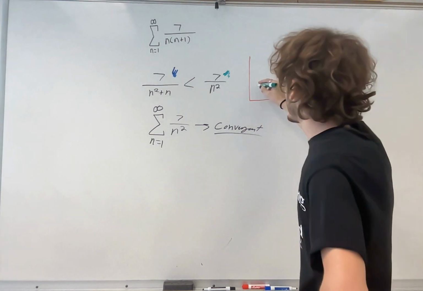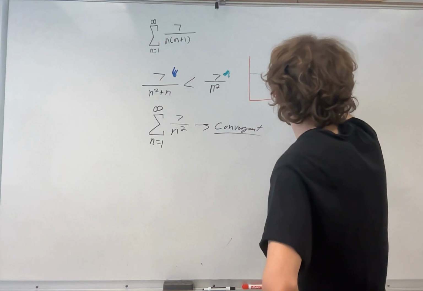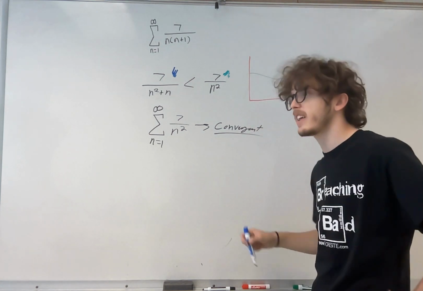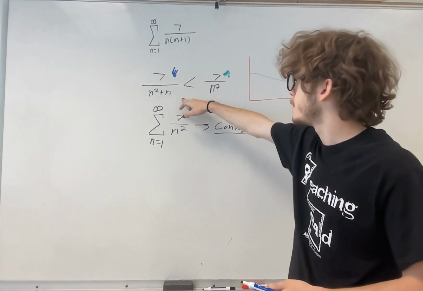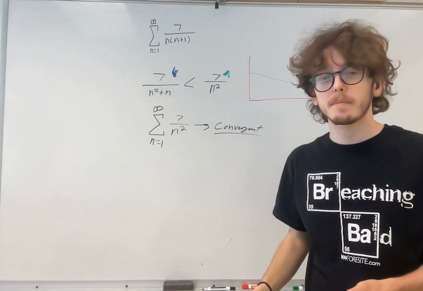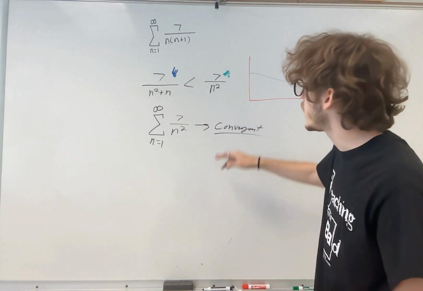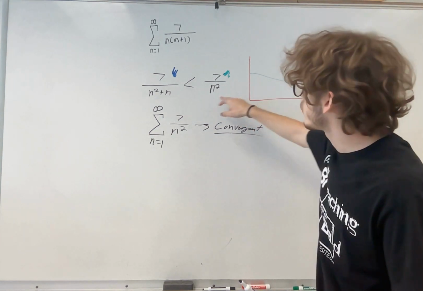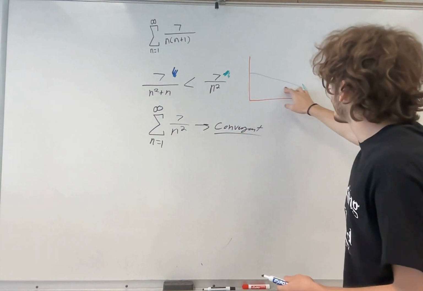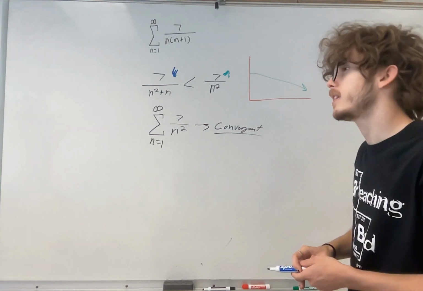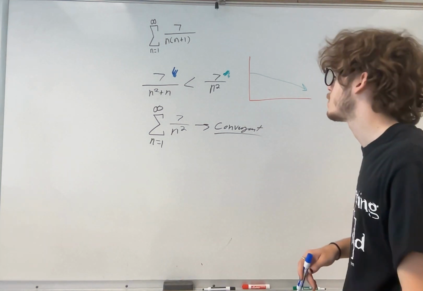Well, this one's greater, and it's going to converge to a point. Think about it kind of like a function. It's going to converge. But all the values here, I don't care what the graph looks like, by the way. I'm just trying to make a point. This graph is always greater than this one, or this function. So knowing that, and it converges, it's going to go to a single point. Let's say it's decreasing to a single point.